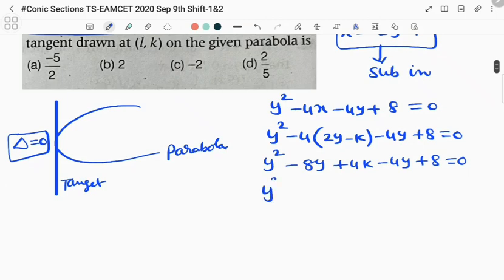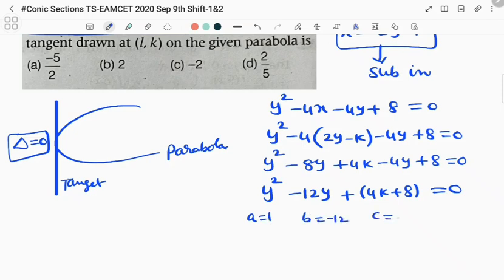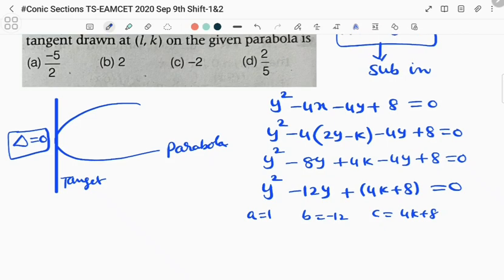So y square minus 12y plus 4k plus 8 equal to 0. It is a quadratic equation in terms of y, where a is equal to 1, b is equal to minus 12, c is equal to 4k plus 8.